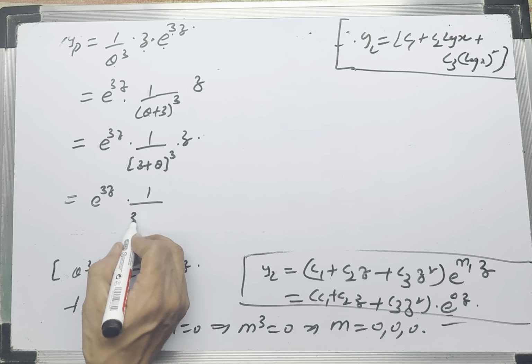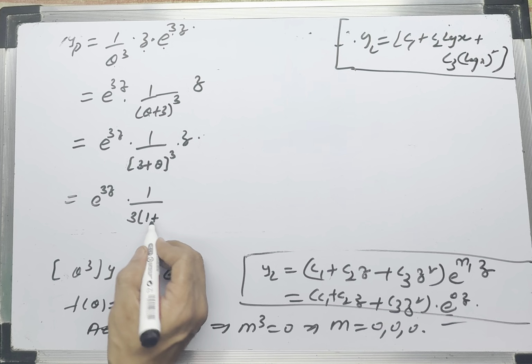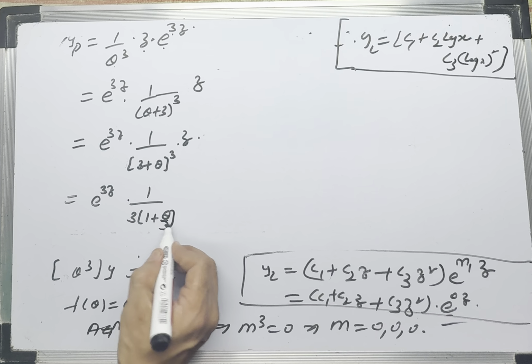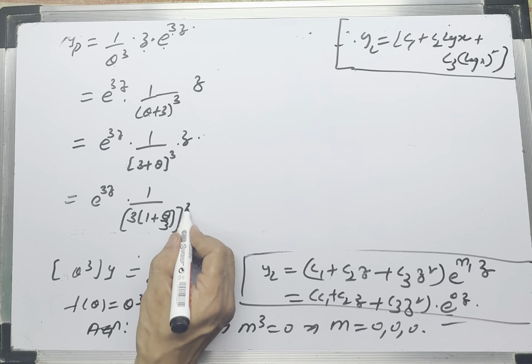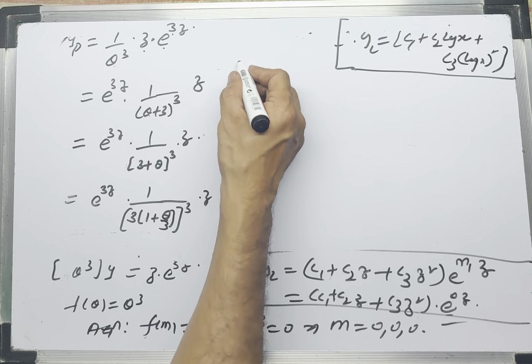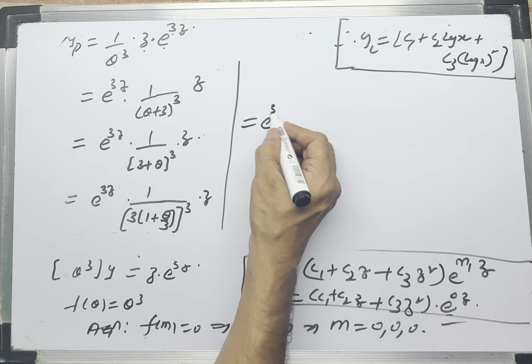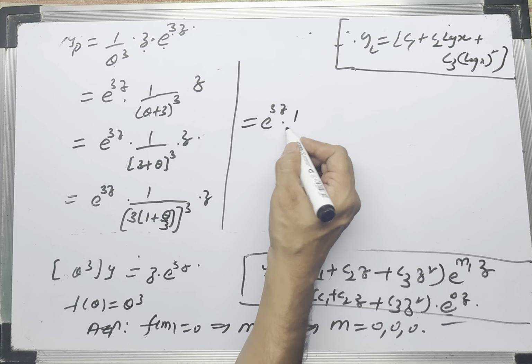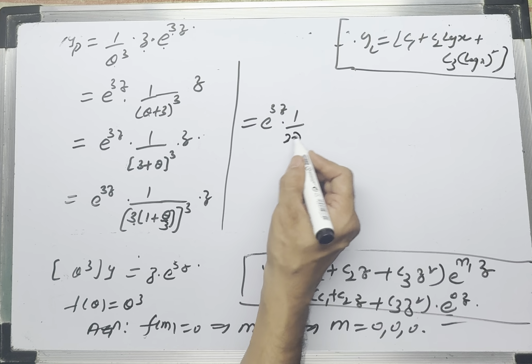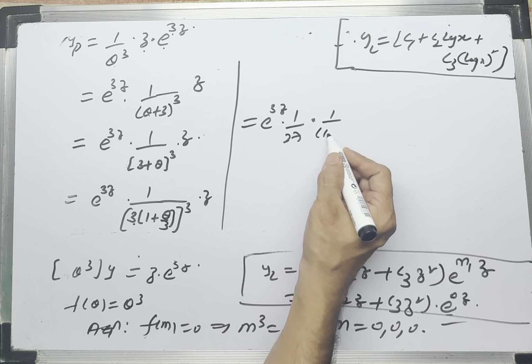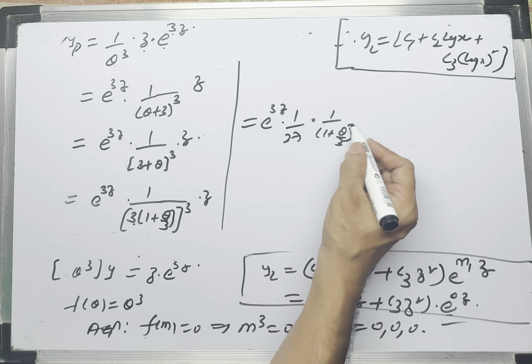3 common, 1 plus theta by 3 whole cube. E power 3z, 1 by 3 cube is 27 into 1 by 1 plus theta by 3 whole power minus 3.